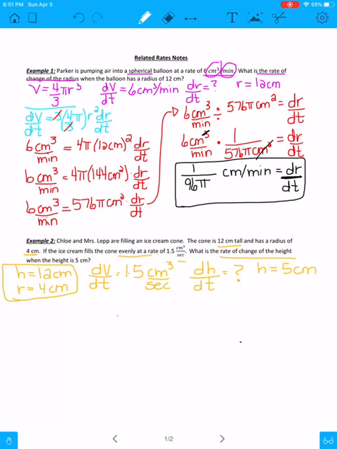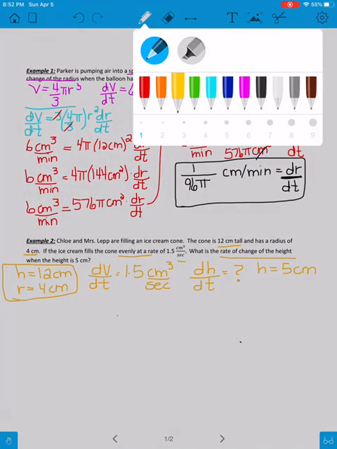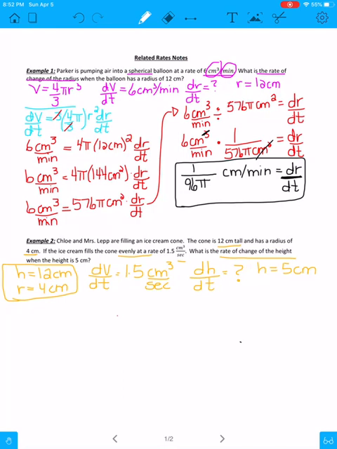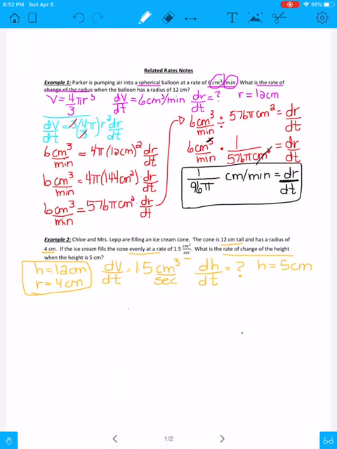My formula for volume of a cone, volume of a cone is 1 over 3 pi r squared h.